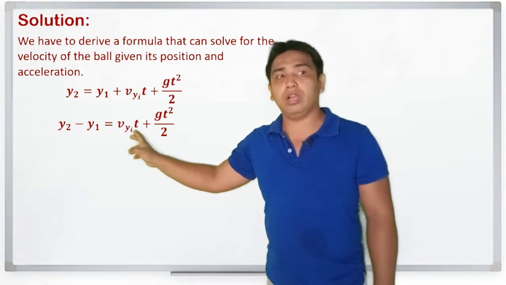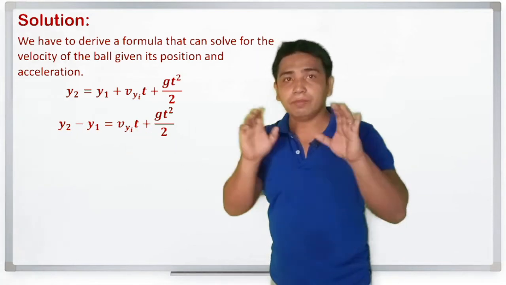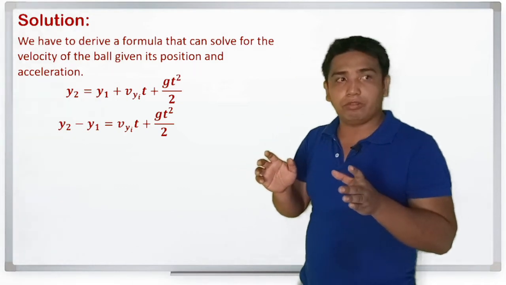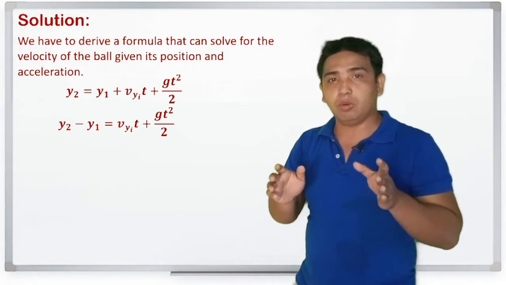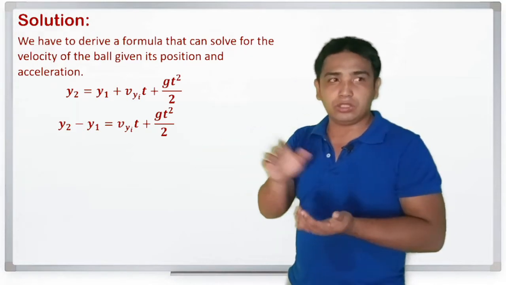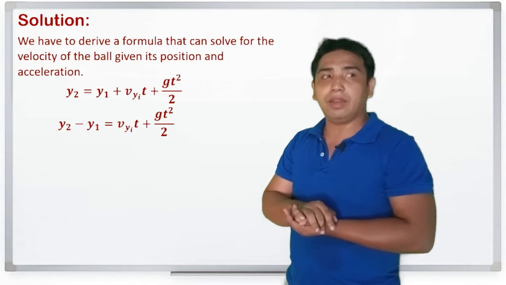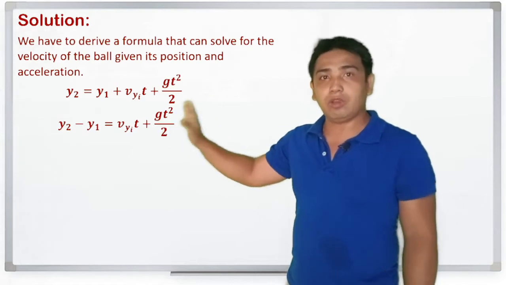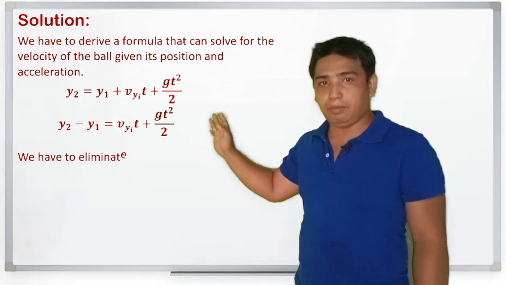So we are going to look for terms that we can substitute for time. That means we have to find some relationship that can replace t here, because we do not want t in the equation. It must be eliminated.